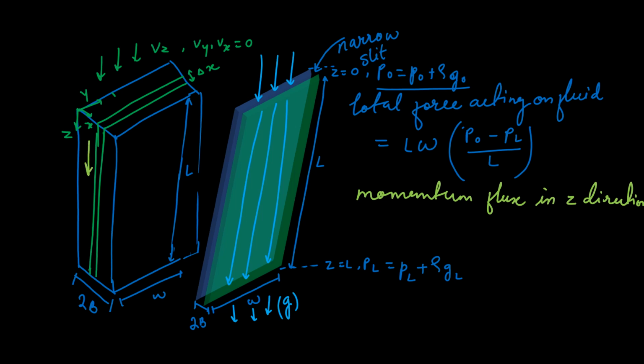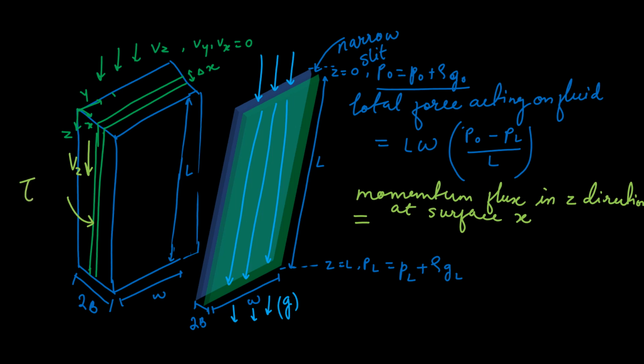Fluid is flowing like this, Vz. So velocity is only in the z direction, unidirectional flow at surface x. So what is the molecular momentum flux distribution?